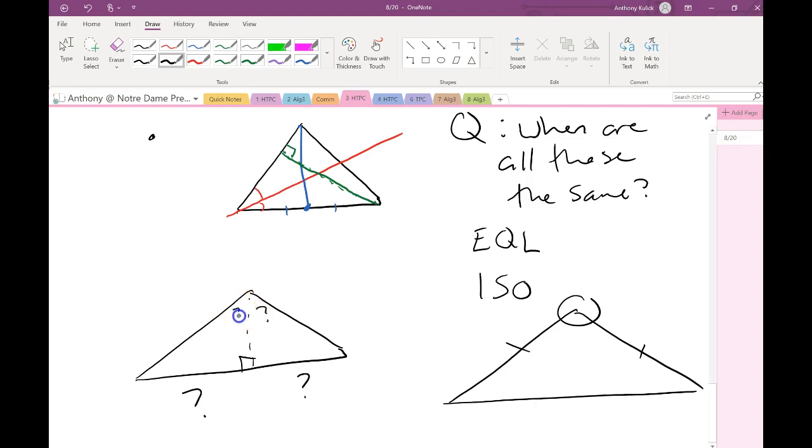Furthermore, I also don't know what those angle measures are going to be because that altitude isn't going to bisect those angles. So it would be nice for us to have a way to use sine, cosine, and tangent for non-right triangles.